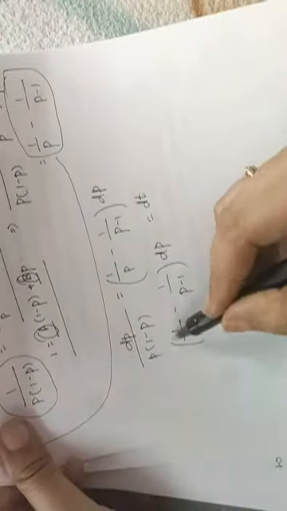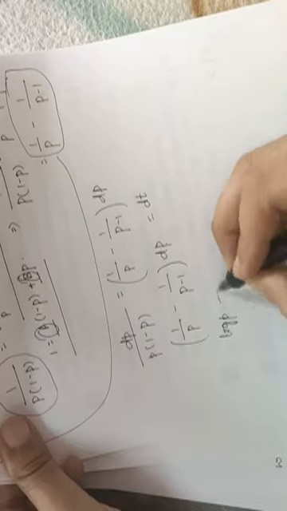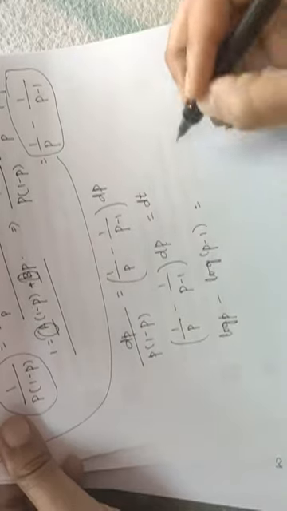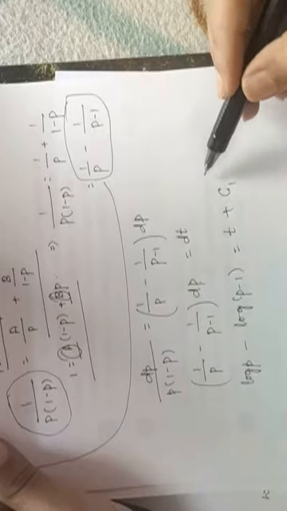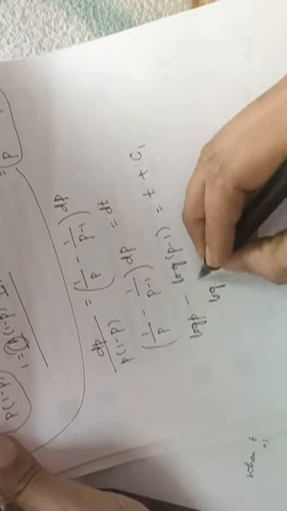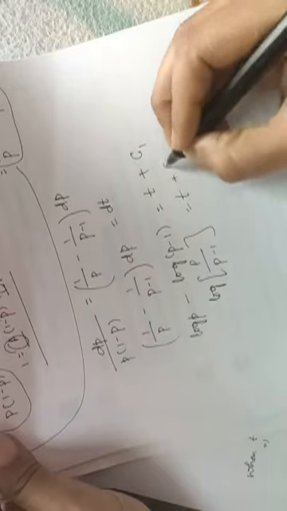The integration gives log p minus log of p minus 1, which is equal to t plus some constant c1. Using the properties of logarithms, you can write this as log of p by p minus 1 equal to t plus c1.